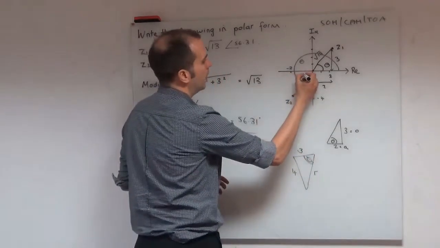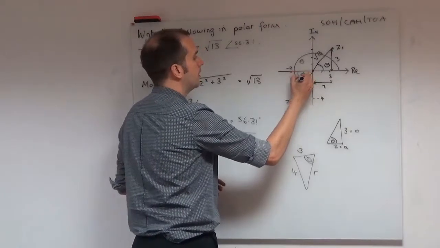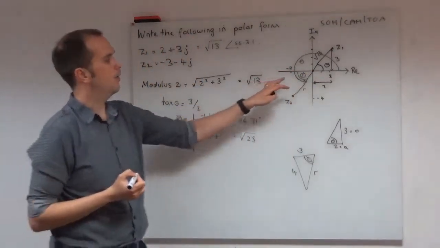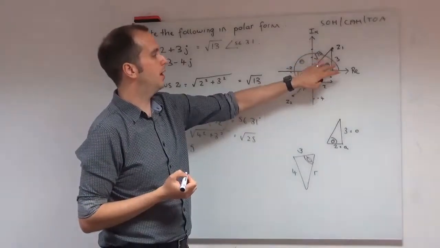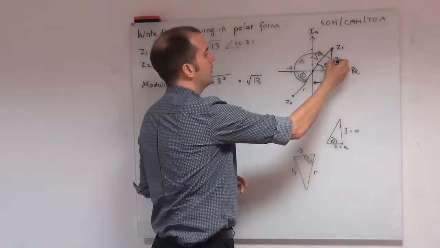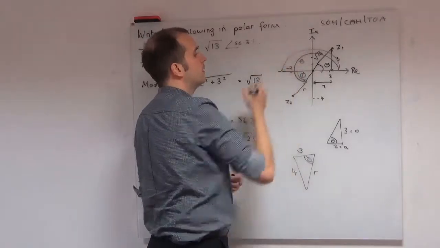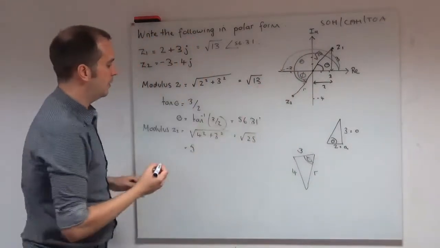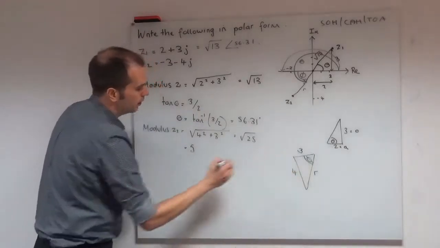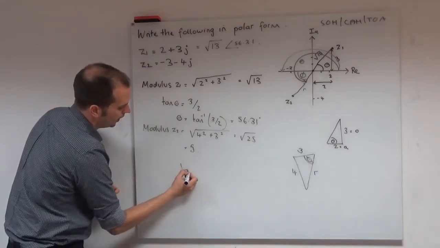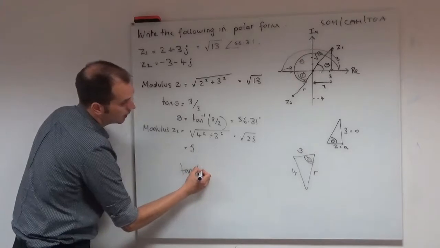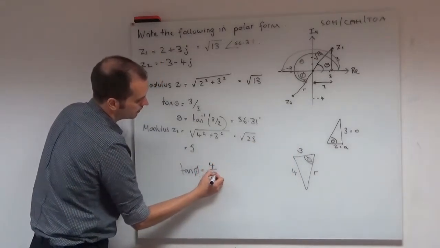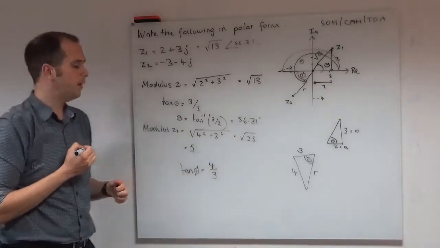Okay? Or if I mark it on the Argand diagram, this angle phi here. If I work this out, I can then get theta by just adding 180 to our answer. So let's see what we get. If we take this triangle, we can see that tan of phi is equal to opposite over adjacent, so 4 over 3.